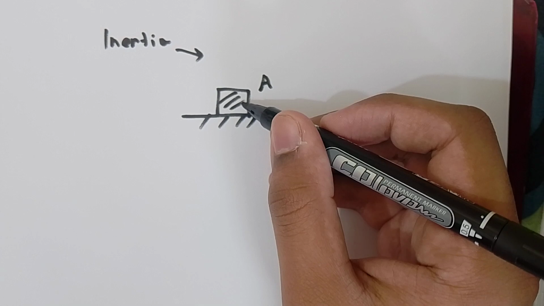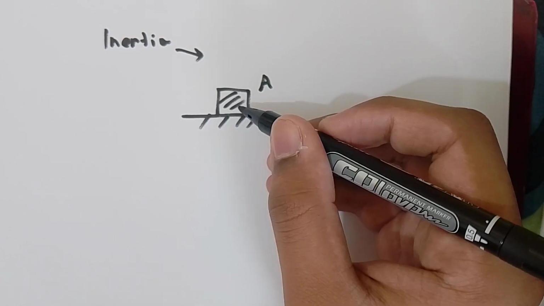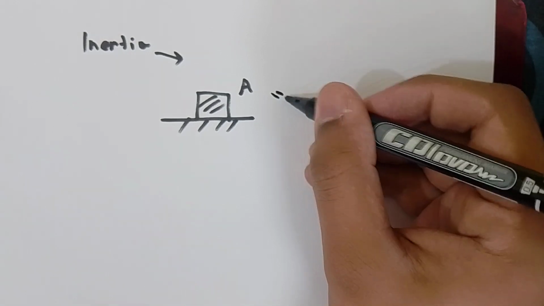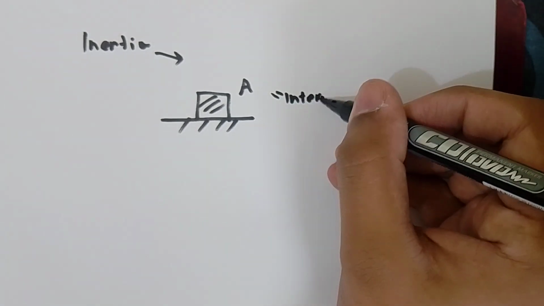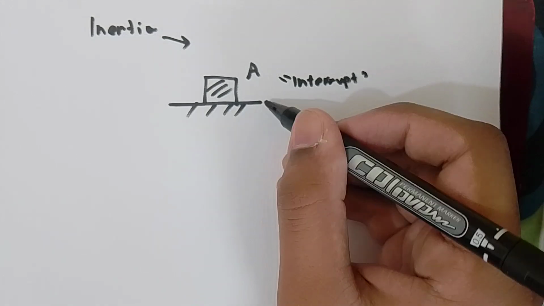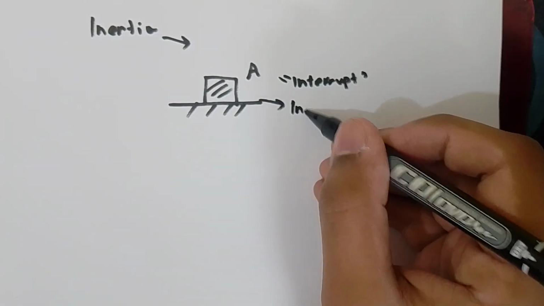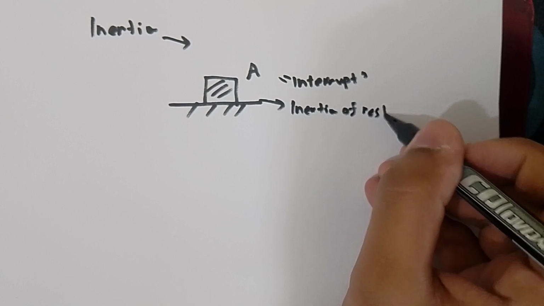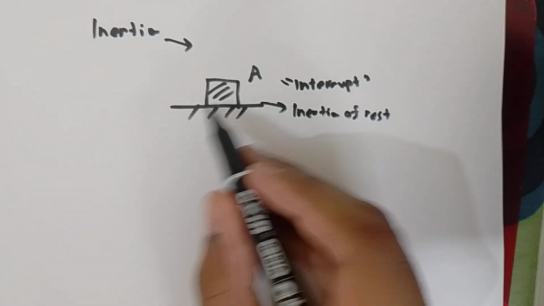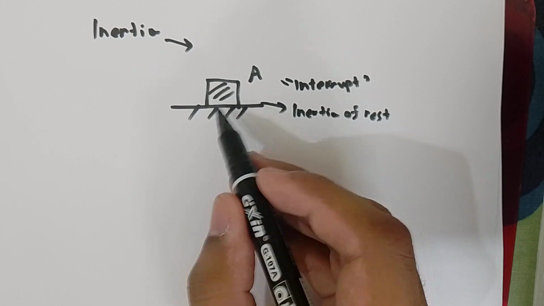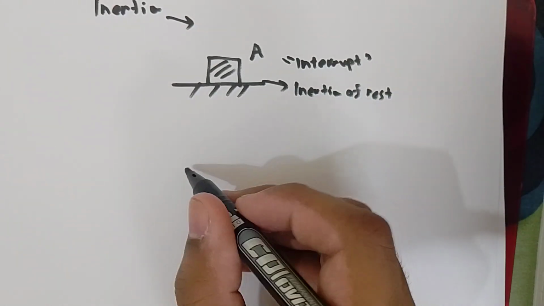If it's still, it's going to continue staying still, right? Unless we push it, pull it, or basically interrupt it in any way or fashion. This is what we call inertia of rest, because an object at rest is essentially staying at rest and wants to stay at rest.